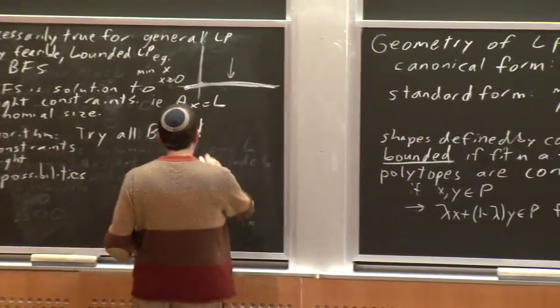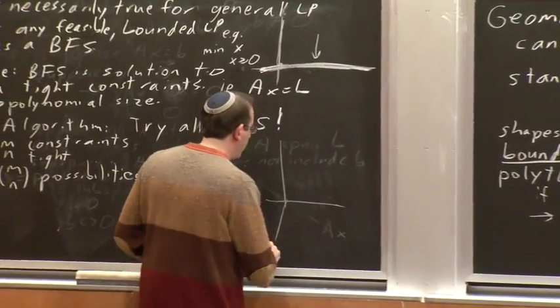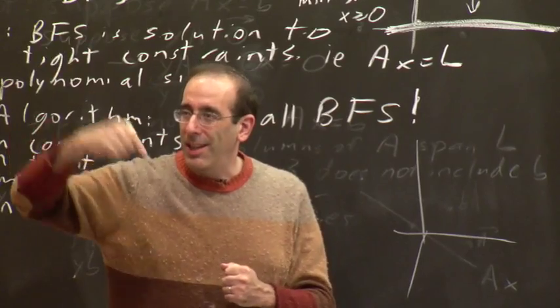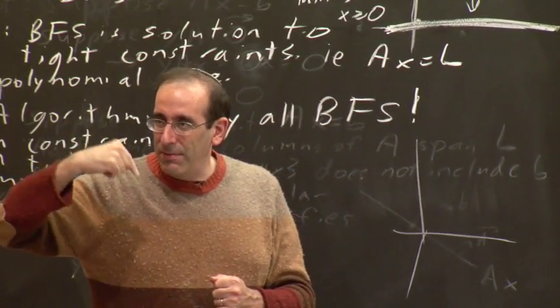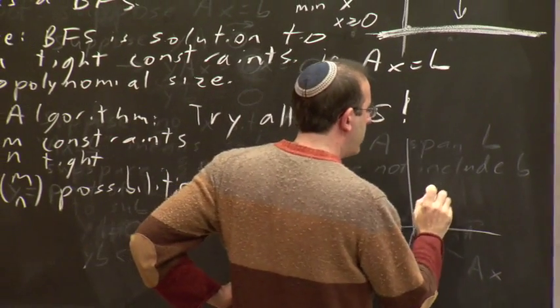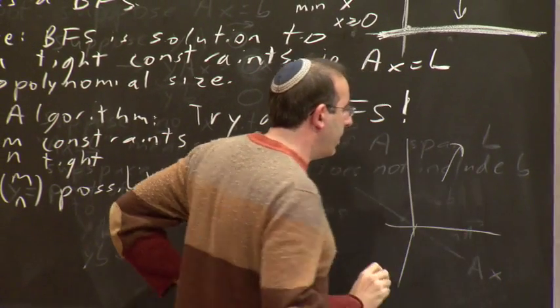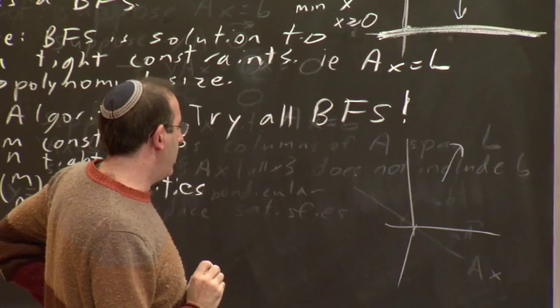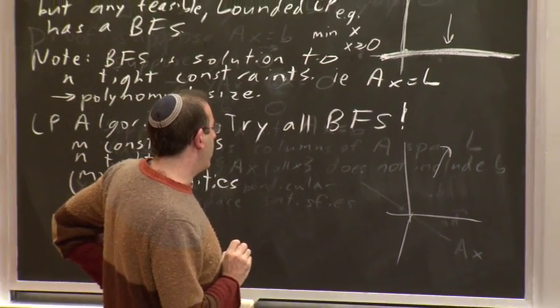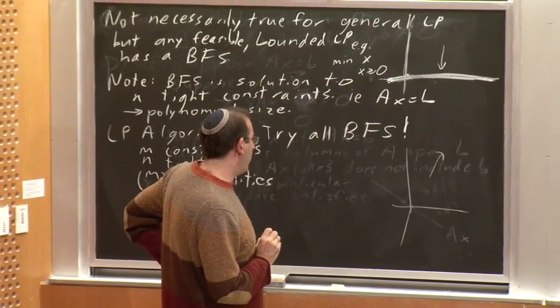Yes, so right. So that's not bounded in the sense of being bounded in every direction. But remember that the standard form LP wants to minimize an objective, right? We can always use a negative objective, so we can go out in the opposite direction. So if there are no constraints aside from the positive orthant, then we get an unbounded standard form LP.